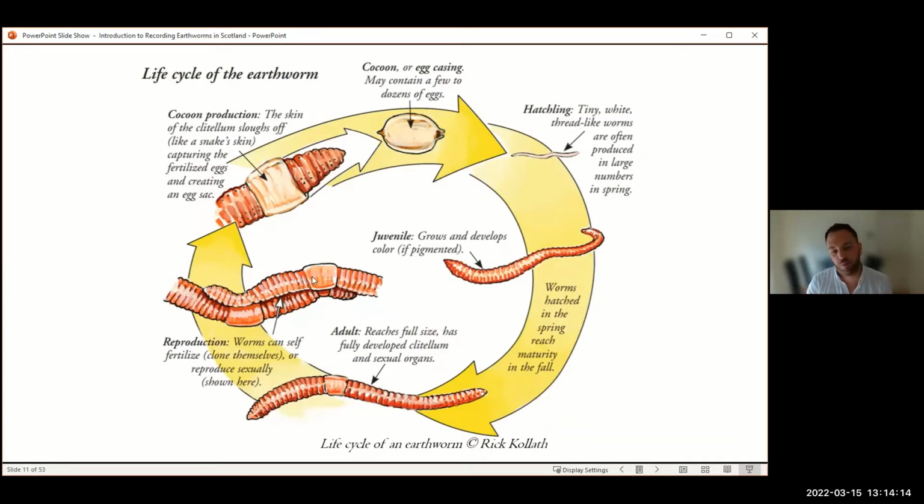As this mucus sheath moves up over the head, it will pick up its eggs, so the eggs of the earthworm in question, and then as it moves down a bit more, it will pick up the sperm from the partner earthworm, and it will come off the end, and then the mucus will harden and form a lemon-shaped cocoon. And within that, you've got the egg and the sperm will fertilize the egg. So that's how we get baby earthworms.